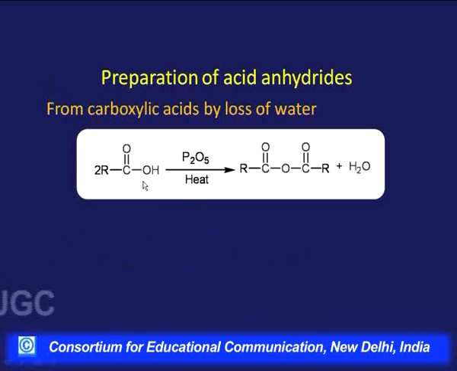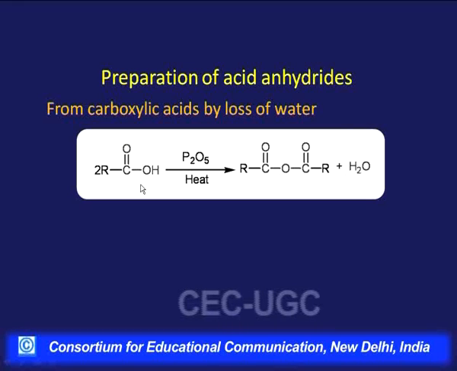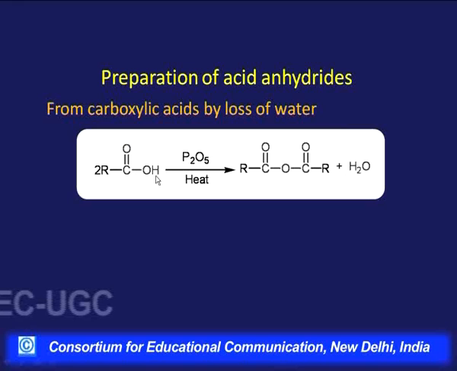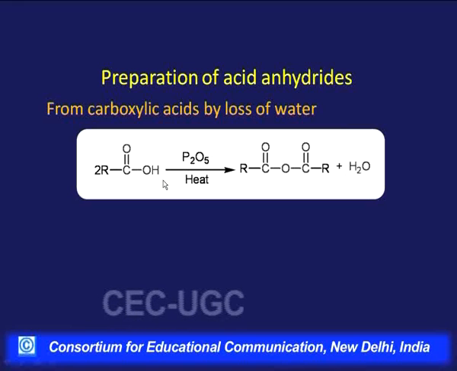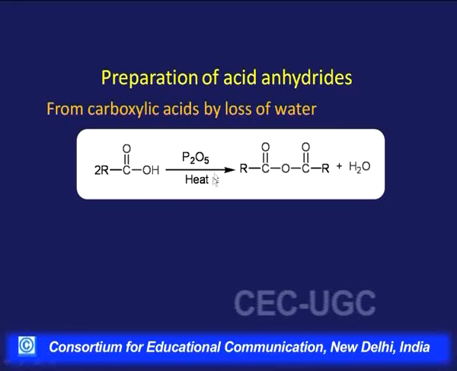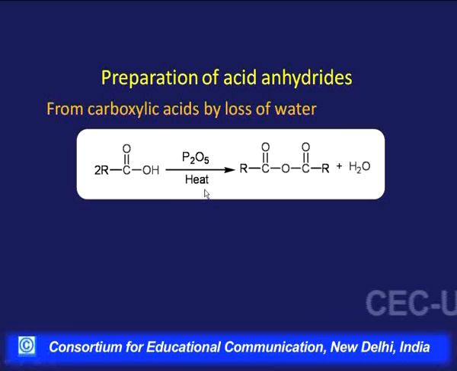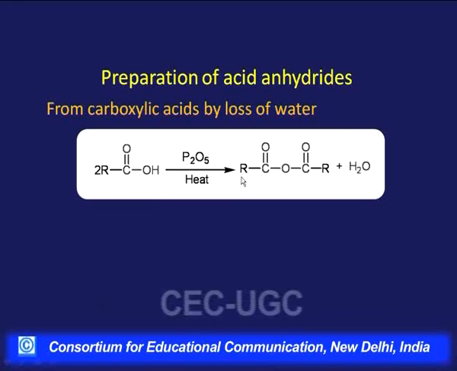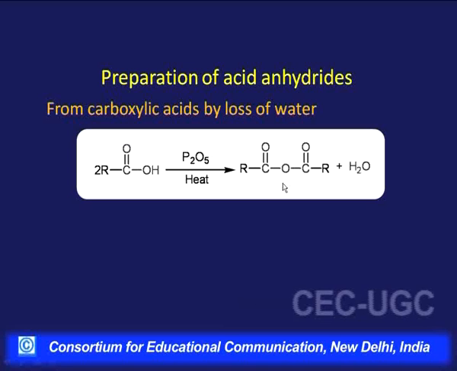Anhydrides can be obtained from carboxylic acids by the loss of water between two acid molecules, and generally for removing this water we need a dehydrating agent like phosphorus pentoxide. So, when carboxylic acids are heated with P2O5, they lose the water molecule and we get the corresponding anhydrides.